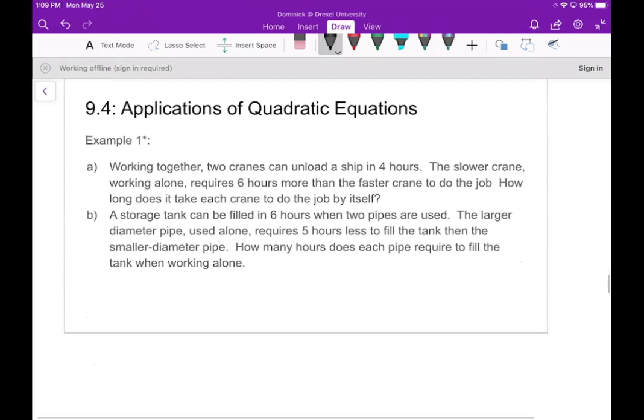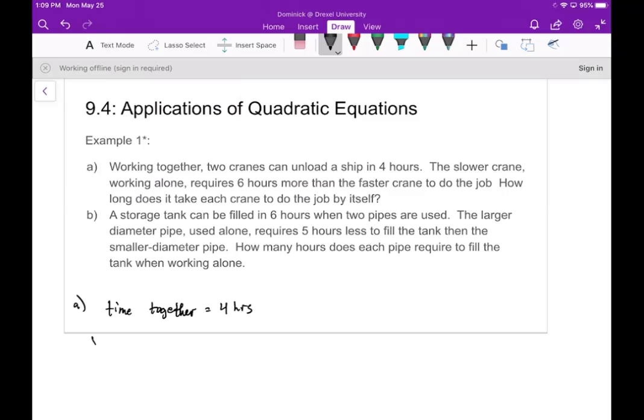So in part A, we're told that working together, two cranes can unload a ship in 4 hours, right? So time together is 4 hours. Now we also know that the slower crane, if it works alone, requires 6 hours more than the faster crane to do the job.